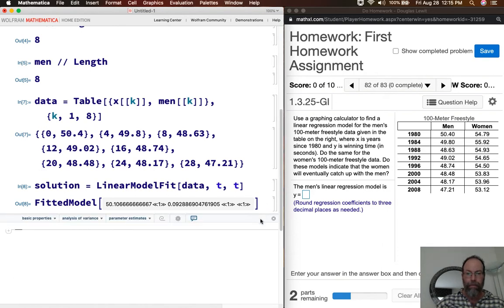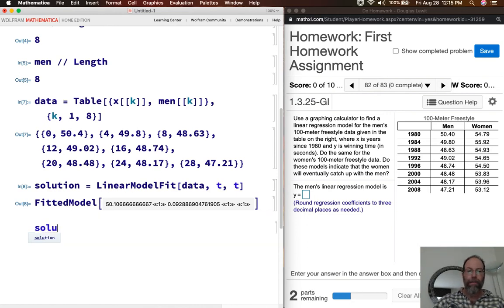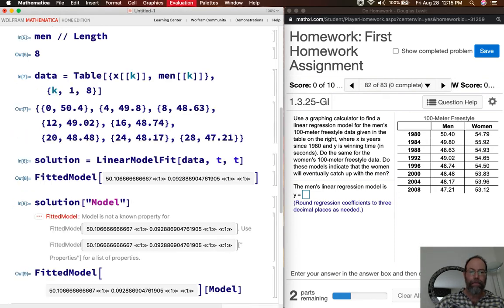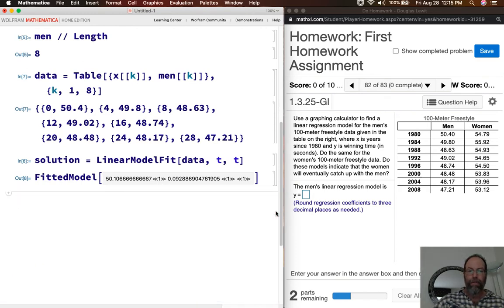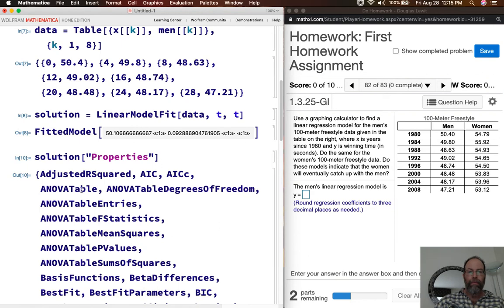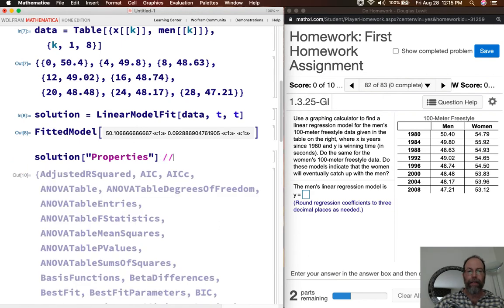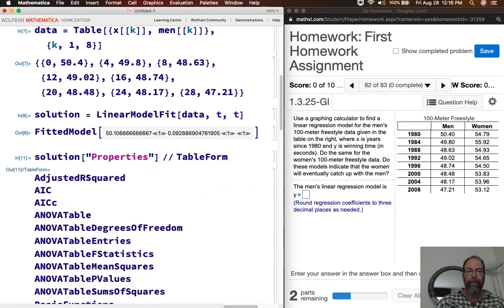Okay, so let me see here. Solution model. Okay, that's not what I want. Hold on one second. Solution properties. Let's make this look a little prettier so I can read this.